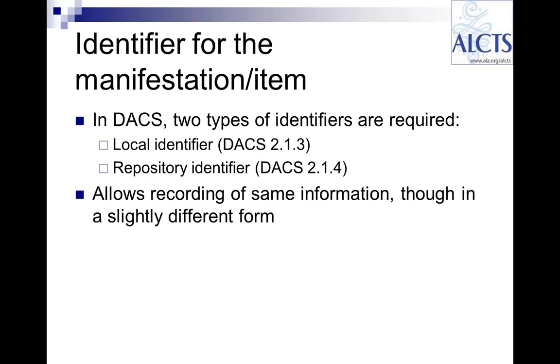The DACS rules are probably more similar to that local identifier example. In DACS 2.1, the two types of identifiers that are required are a local identifier and a repository identifier. Although looking at some examples from DACS, those get recorded slightly differently than in the format that's described in RDA.